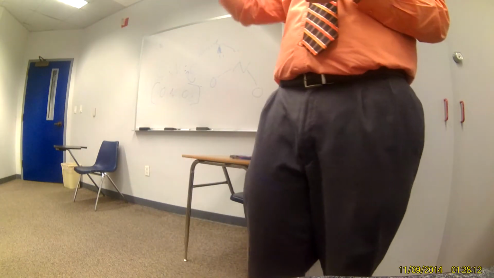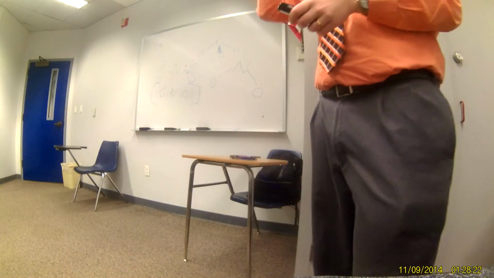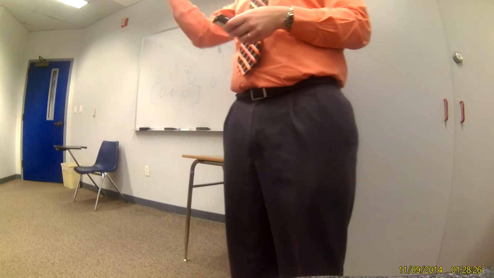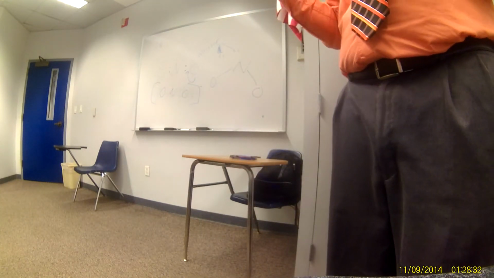Number 1, it's not symmetrical. If you can draw a line through that center atom, and it's not a mirror image on both sides, it's polar. Okay? And so, if you can draw that line however you want, if there is one line, even if there's 50 of them where it is a mirror image, if you can find one line where it is not a mirror image, it is polar.